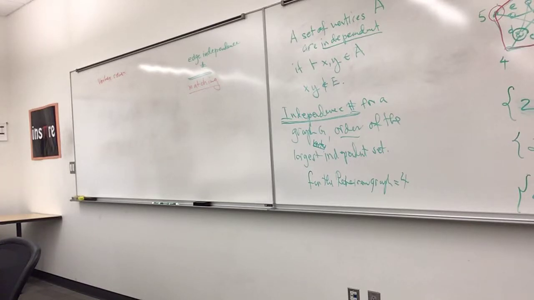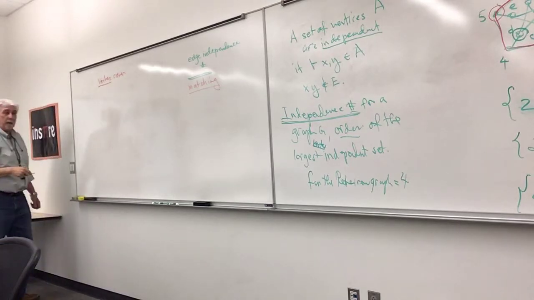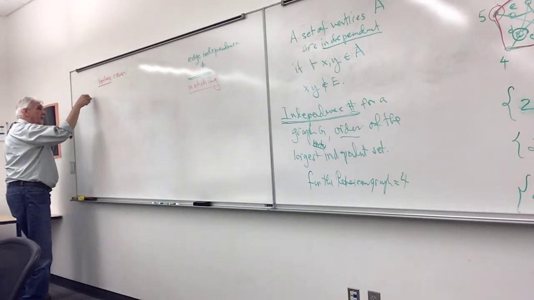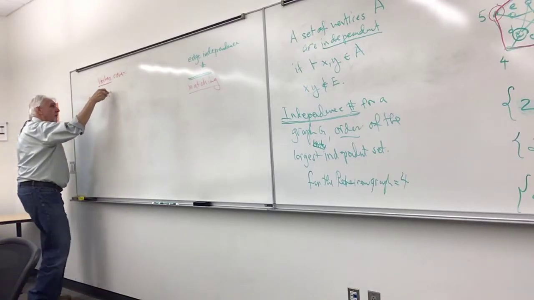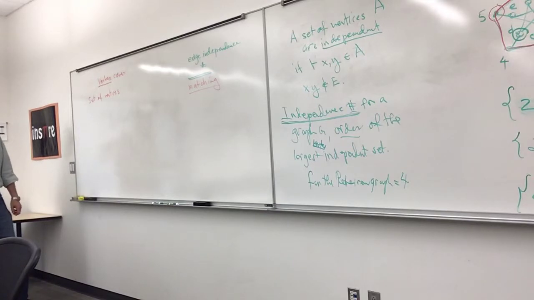If I look for a vertex cover, what would you guess that would be? Got a guess? Like an overlap? So is it a collection of vertices or edges? Vertices. Okay, so it's a set of vertices that cover. What would we mean by that?